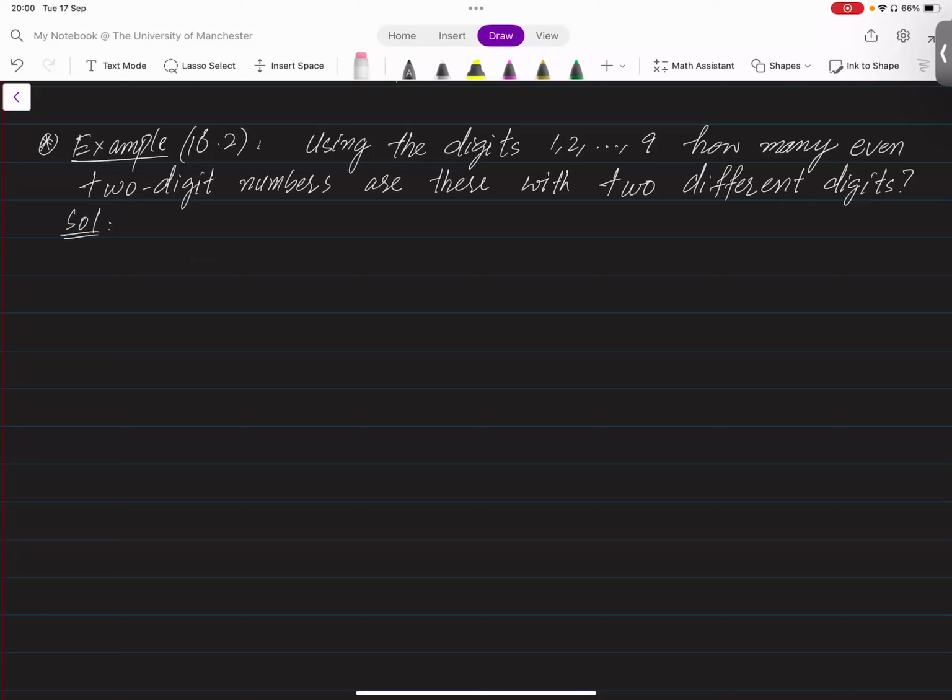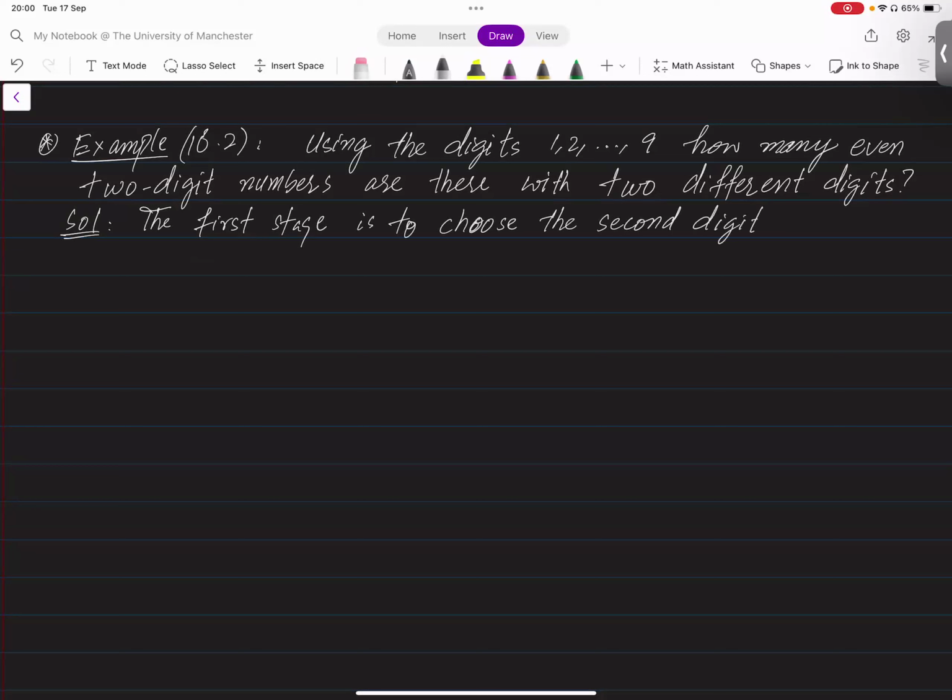The first stage is to choose the second digit.